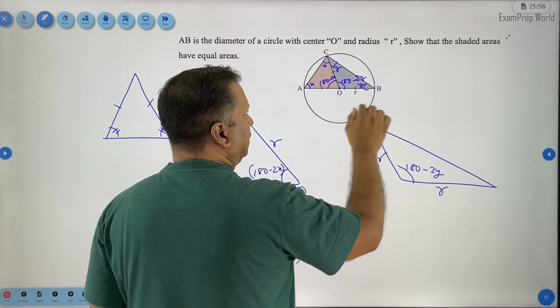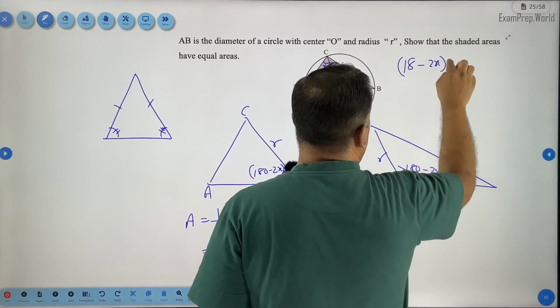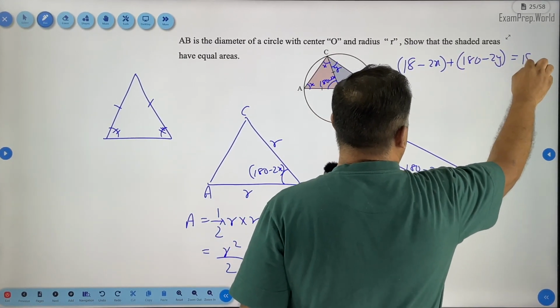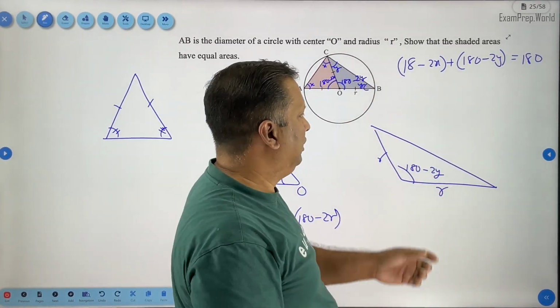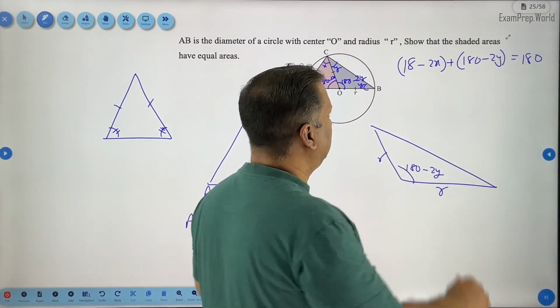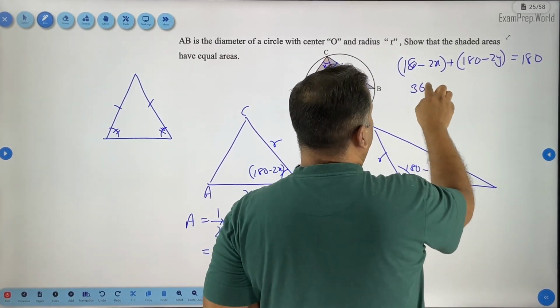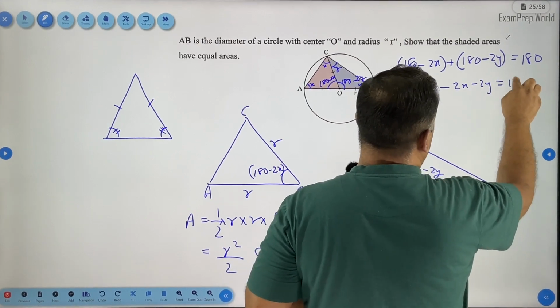It is 180 minus 2x plus 180 minus 2y is equal to 180 because it's a straight line. Can we find relation between x and y? Yes, it is possible. So 360 minus 2x minus 2y equals to 180.